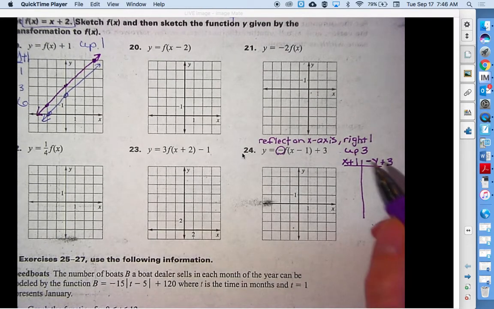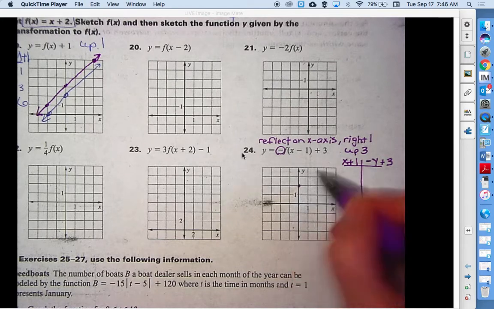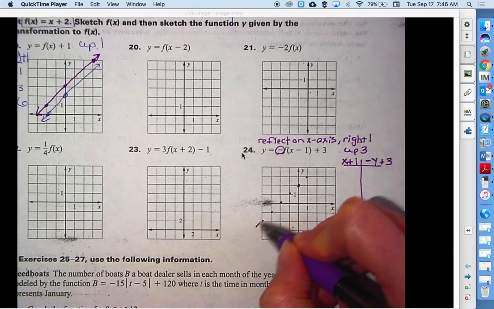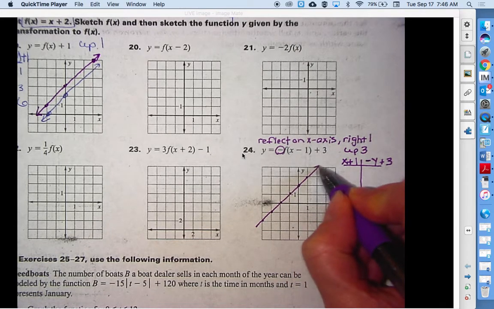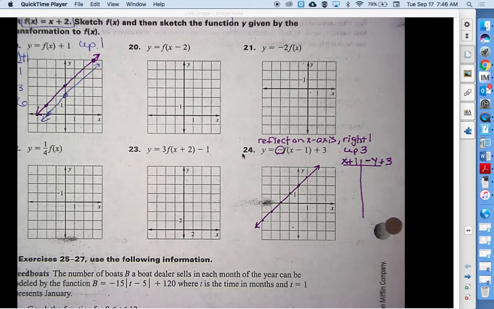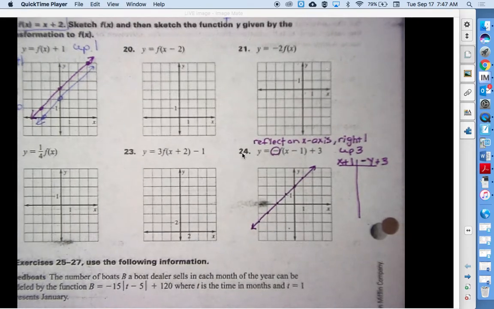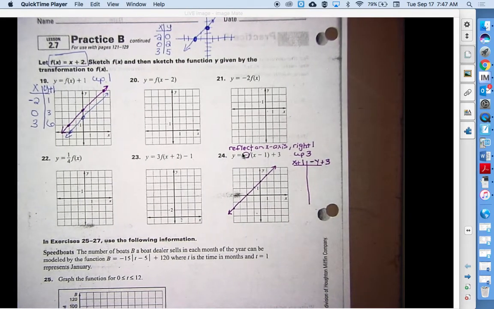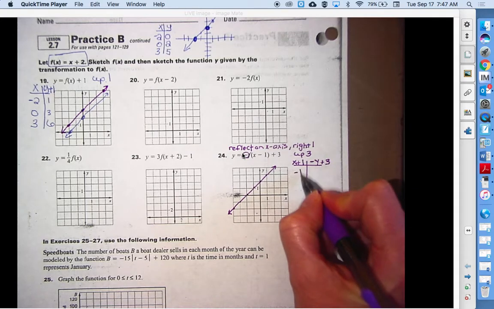So I'm going to graph that original function that we had from before, just so that you can see the change. No, you didn't have to graph this on every problem because we graphed it above. So then looking at our original ordered pairs, my original x was -2. If I add 1 to it, I now have -1.